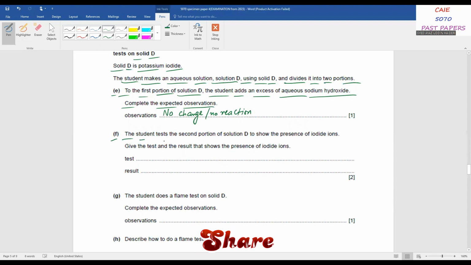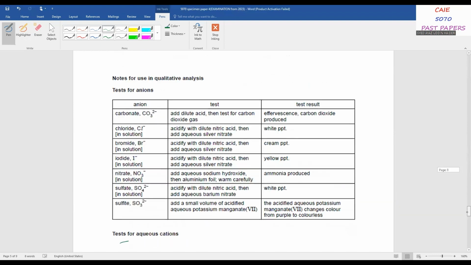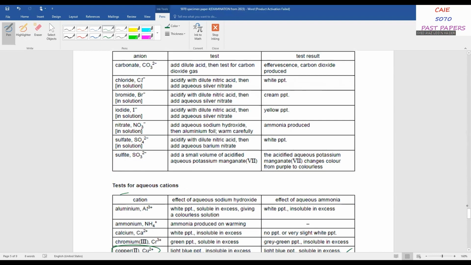Part F, the student tests the second portion of solution D to show the presence of iodide ions. Give the test and the result that shows the presence of iodide ions. Again, you will go to the qualitative analysis for the testing of anions. And here it is iodide ions. First of all, you acidify with dilute nitric acid, then add aqueous silver nitrate. You will get yellow PPT.